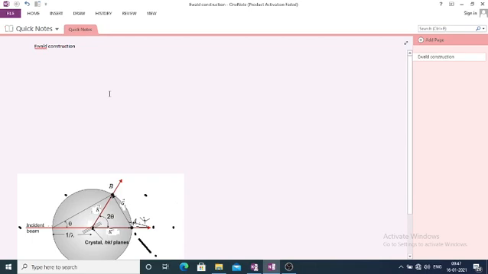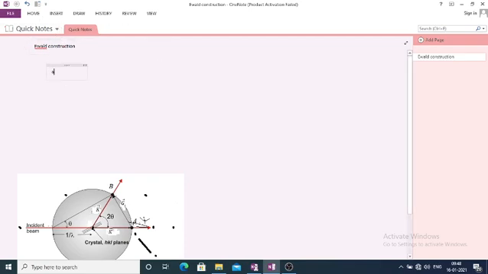So, there is an incident and a reflected X-ray when there is a Bragg reflection. The angle between the incident ray and the reflected X-ray beam is known as the angular separation, which is 2 theta.